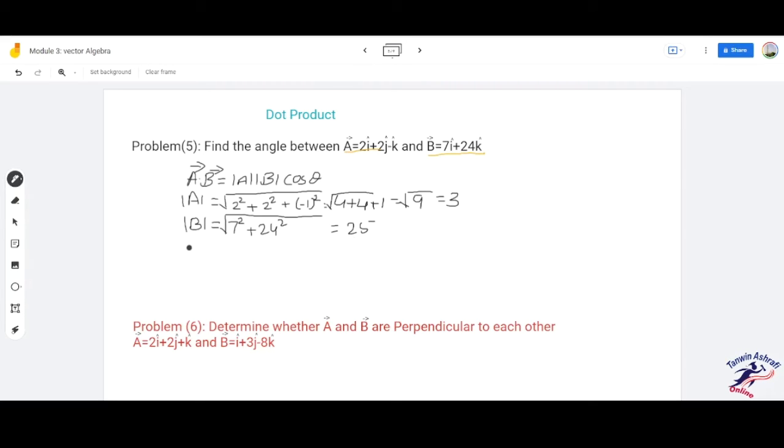Now we will find vector A dot B, so that the unknowns in our equation will be known to us. A dot B is equal to 2I cap plus 2J cap minus K cap, dot product with 7I cap plus 24K cap.